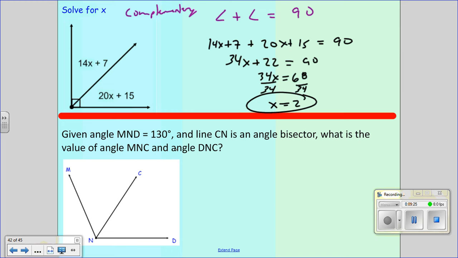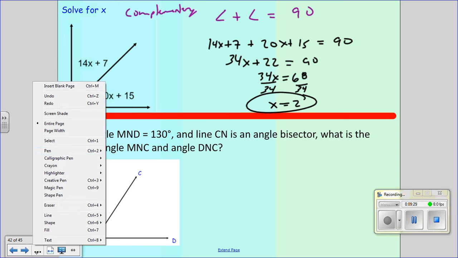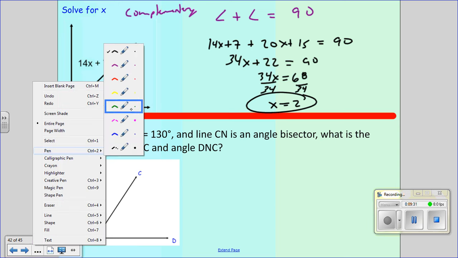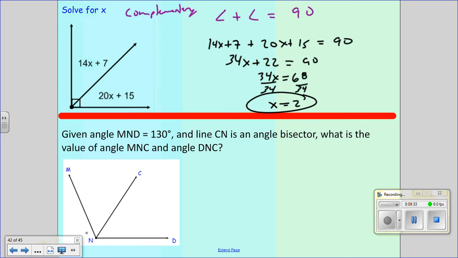It tells us here that angle MND, which is the big angle, this whole entire thing, is 130 degrees. We know that line CN is the bisector.